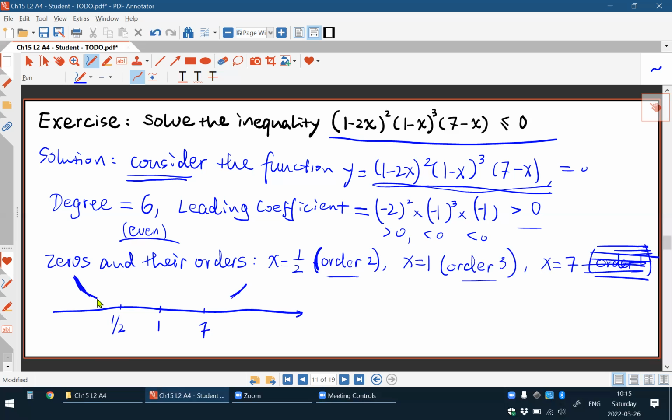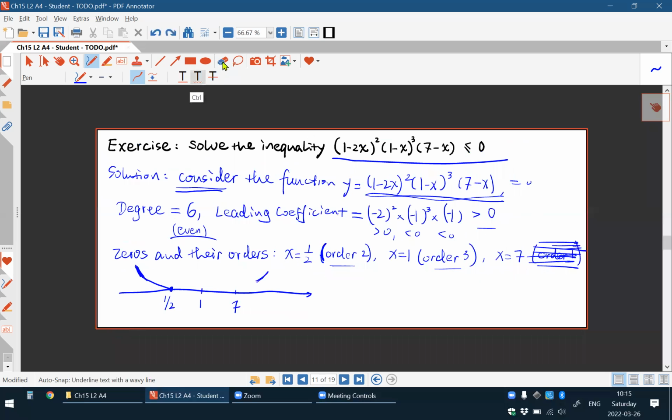Okay, so this function will go this way as x increases from negative infinity. First, the function curve will arrive at the first 0. At the first 0, we need to determine whether we should go this way, which means the sign does not change, or this way, which means the sign does change, right? That depends on the order at this 0.